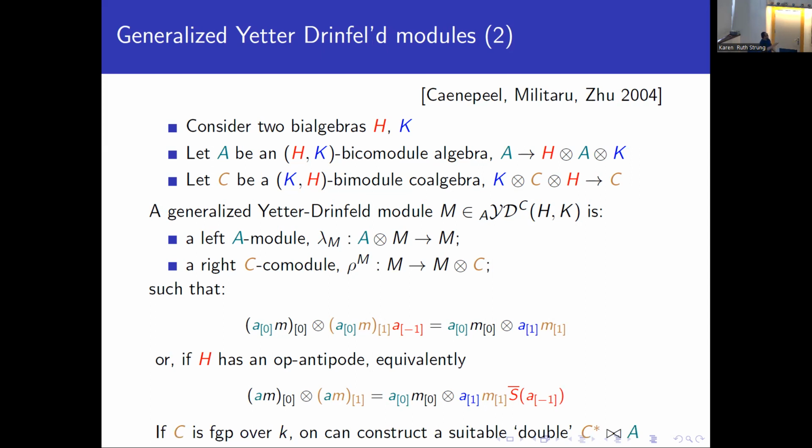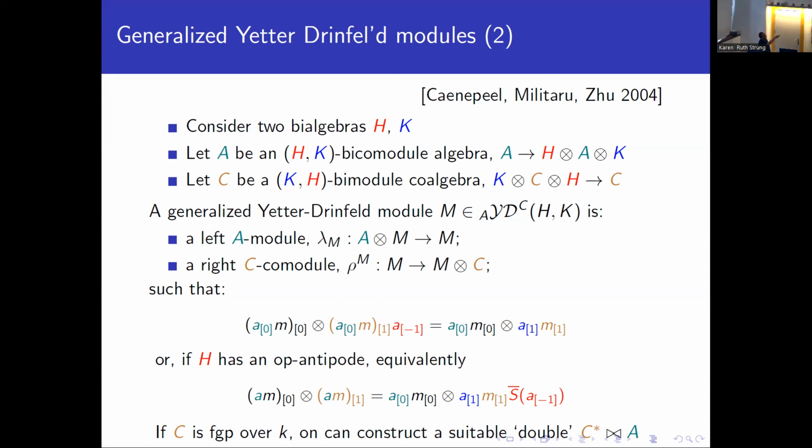There may be some remark. If our coalgebra is finitely generated projective over K, then one can construct the generalized Drinfeld double in this case, which is given by the double cross product of C star, which is the dual of C, and the algebra A. In this way, one can show that the category of generalized Yetter-Drinfeld modules is equivalent to modules over this generalized Drinfeld double.